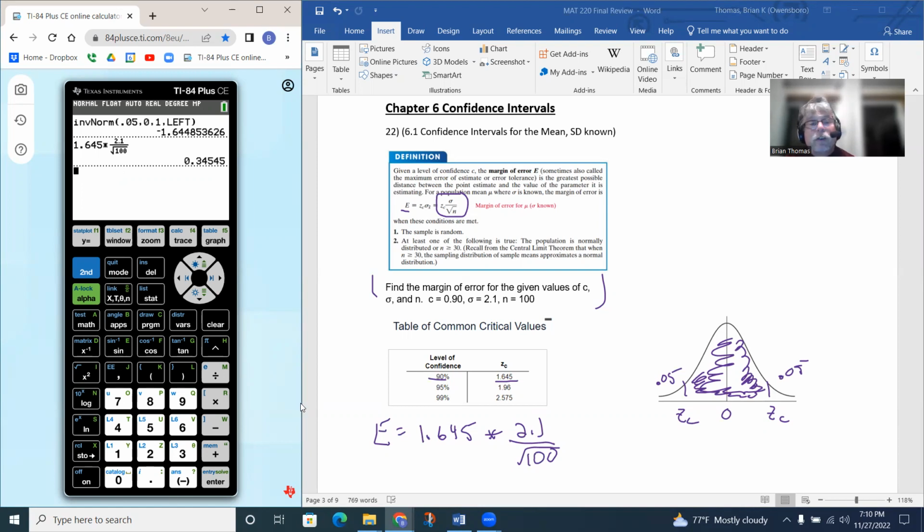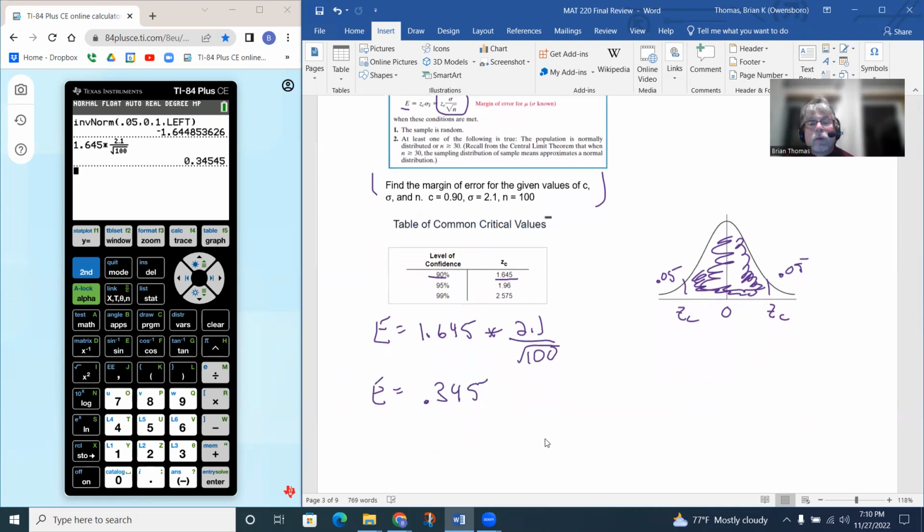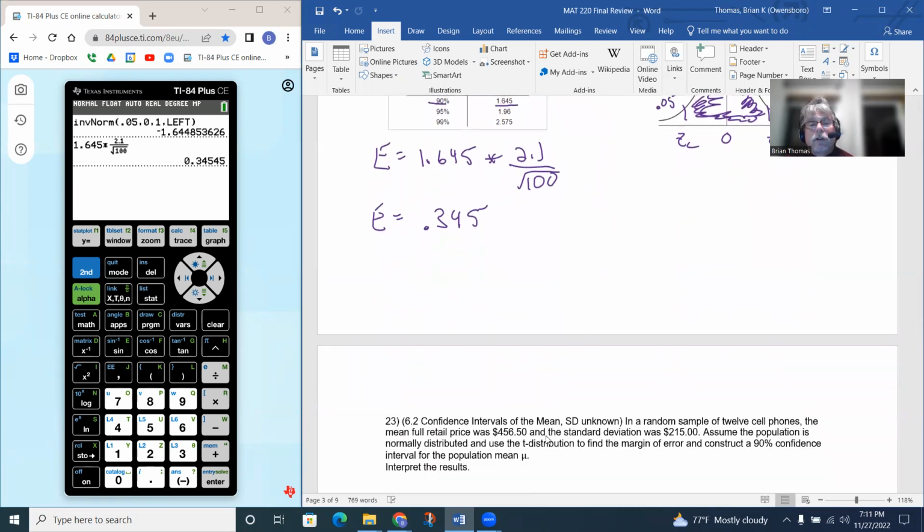I think here they may ask you to round to 3 decimal places. So your margin of error would be 0.345, or 34.5%. So that's what we'd have there for the margin of error. Okay, what else do we have here?